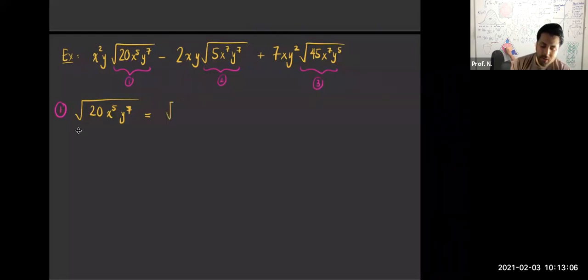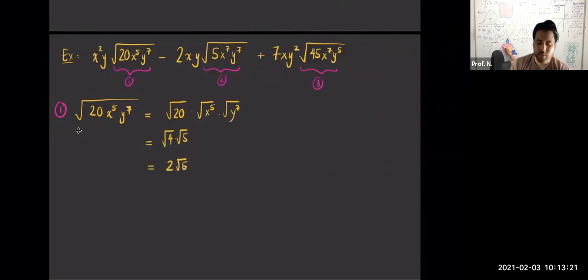That's right. So I'm just going to individually break each of these down. The breakdown of 20 is the square root of 4 times the square root of 5. But the square root of 4 is 2. So the square root of 20 can be broken down to 2 times the square root of 5.